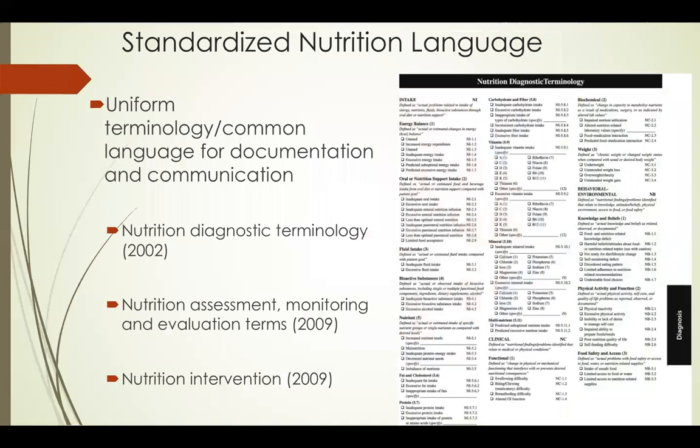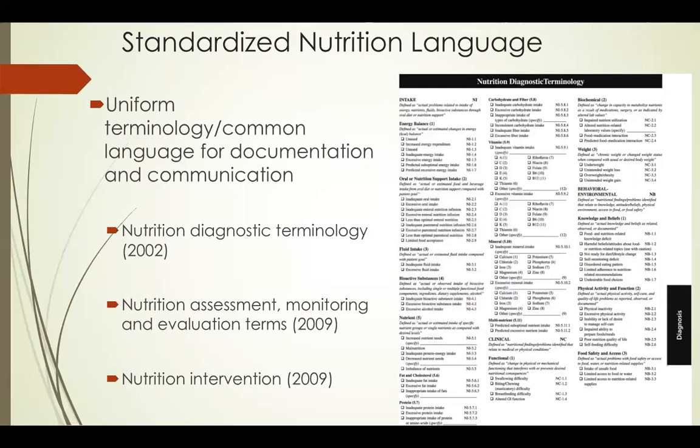So there has been a standardized nutrition language that's been developed. And like I mentioned before, this was due to previously there being a lack of uniformity between nutrition documentation. So what was developed is something called the nutrition diagnostic terminology. And this allows practitioners to more clearly classify conditions in a uniform manner. So when somebody says overweight, we have specific parameters for what that actually means.